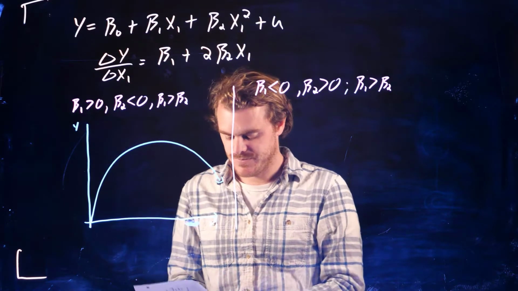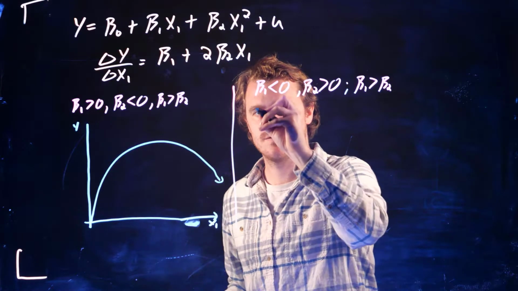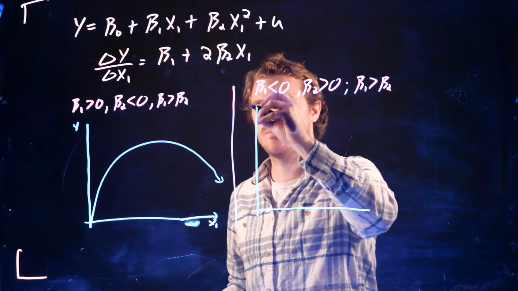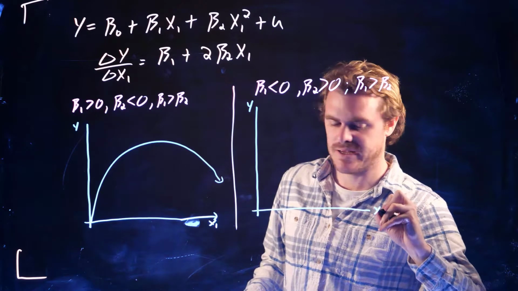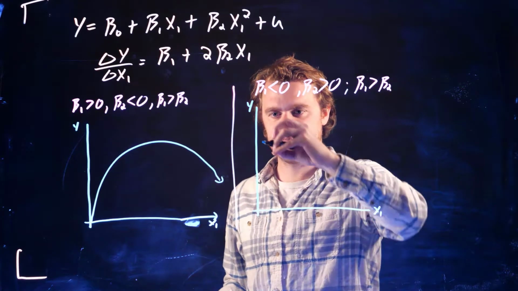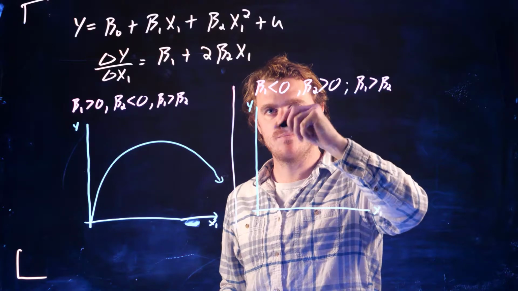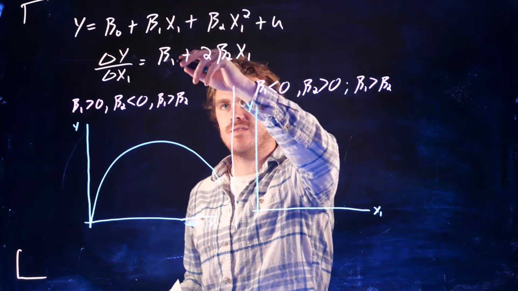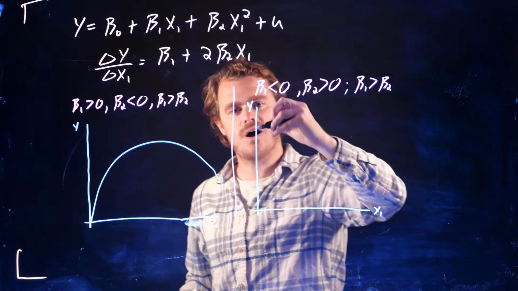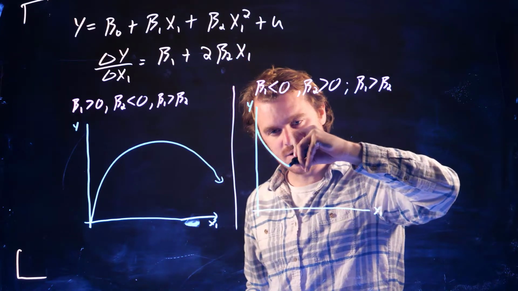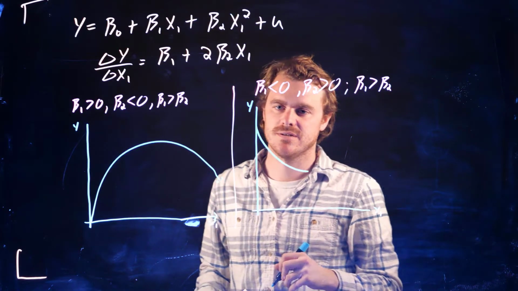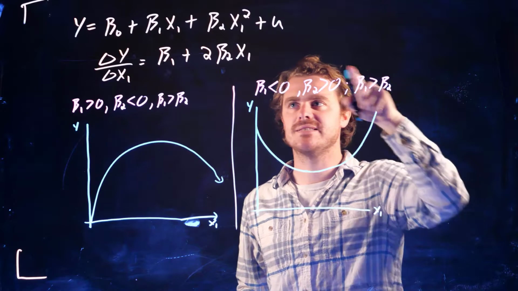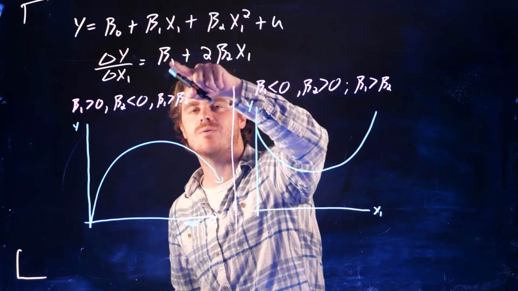And so if we wanted to draw this relationship out, think about what's happening here: at the beginning, because beta 1 is greater than beta 2, this negative effect is bigger than this positive effect. So we have this decreasing returns to whatever this x1 variable is, but eventually it kicks back up as this second term starts to overpower this first term, right?